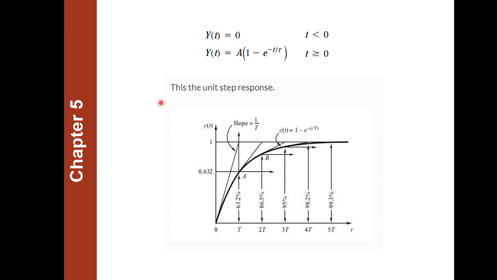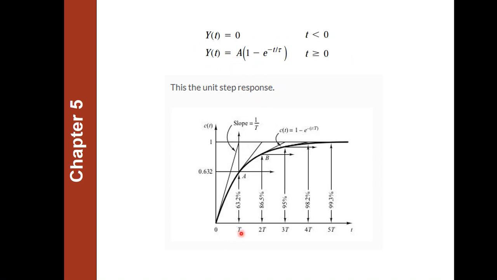So we expect that the value of this particular equation ultimately will be A because we have this magnitude A here. The graph that you are seeing here has an ultimate value of 1 because this one is for a unit step response. Well, this equation is more general because this one is for a step response of magnitude A.